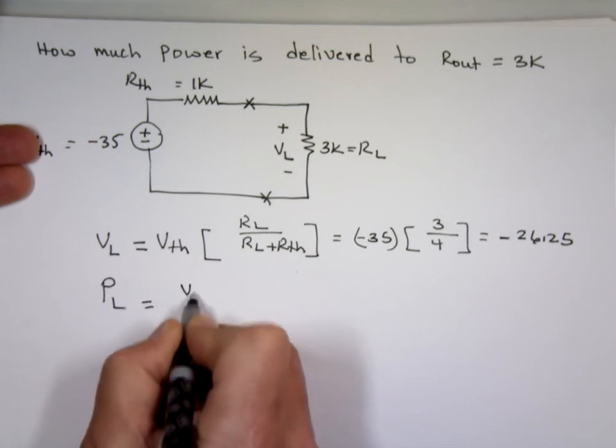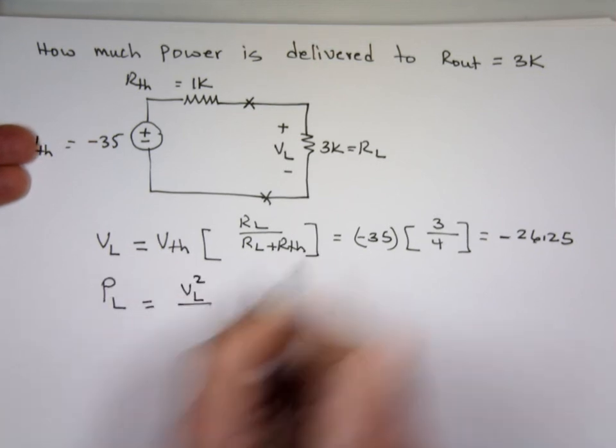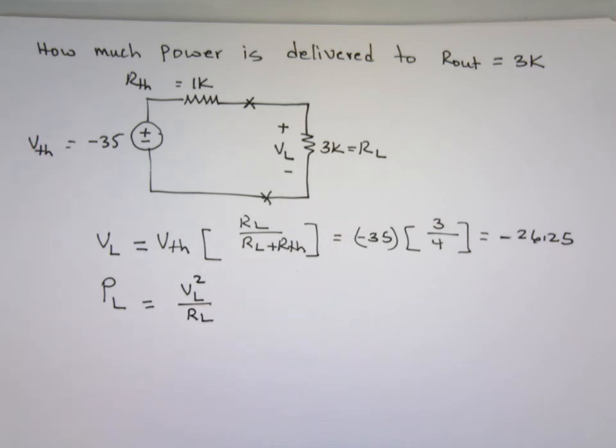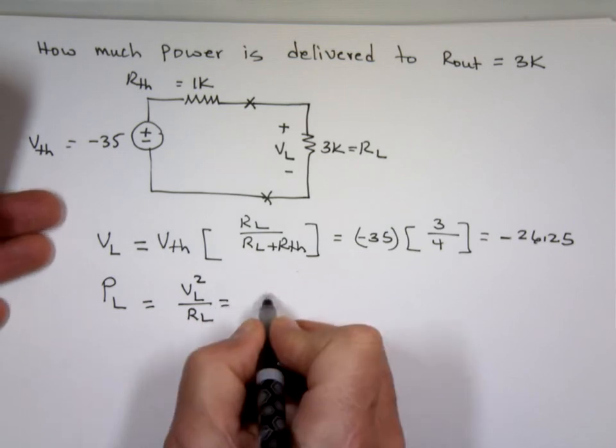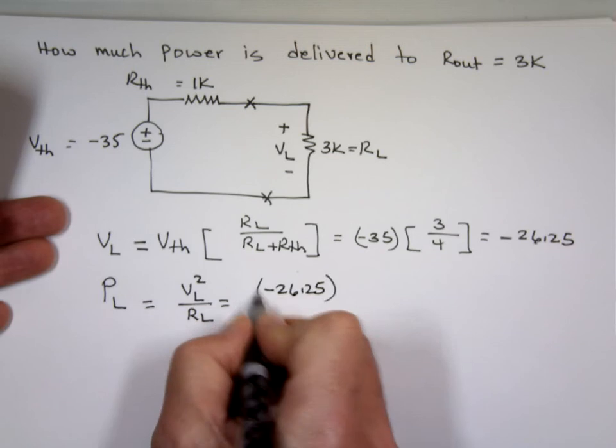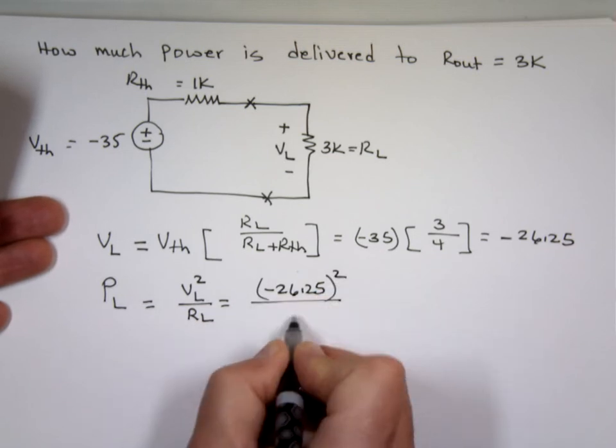And what is the power delivered to that load? It's VL squared divided by R sub L. Negative 26.25, when you square it, is a positive number, divided by 3K.